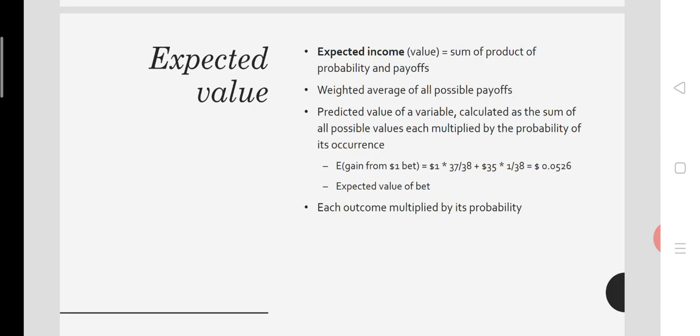Each outcome, represented in terms of a numerical value, will be multiplied by the respective probability value. The probability value lies between 0 and 1.